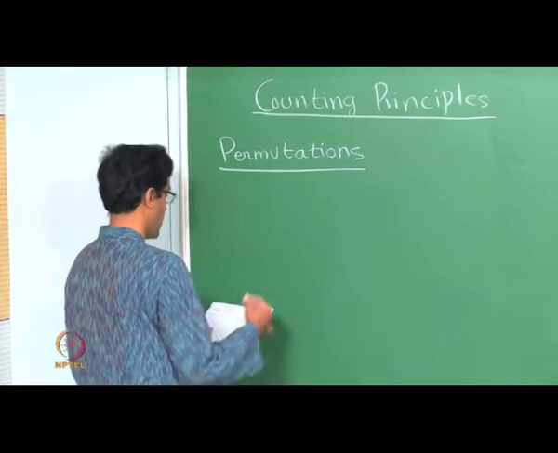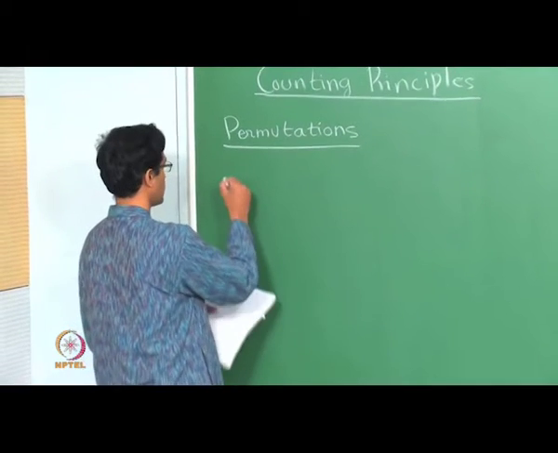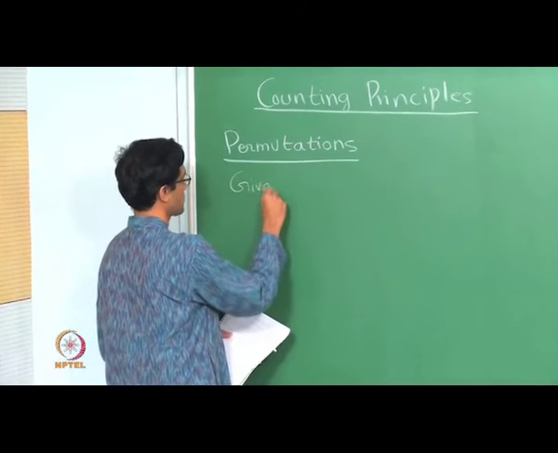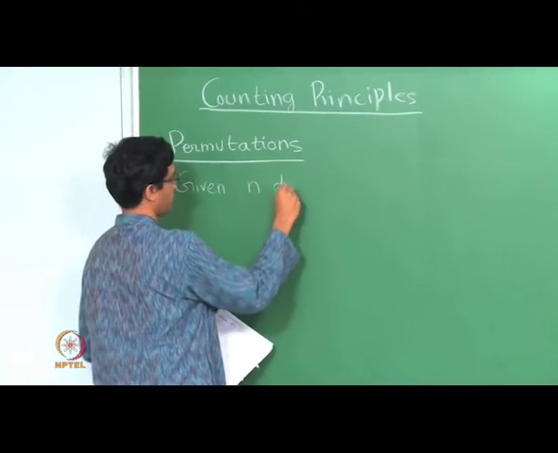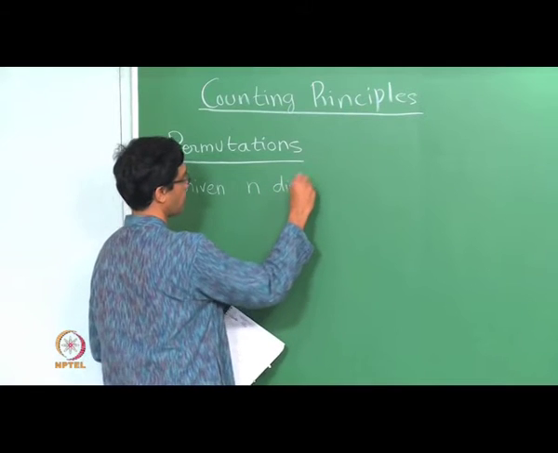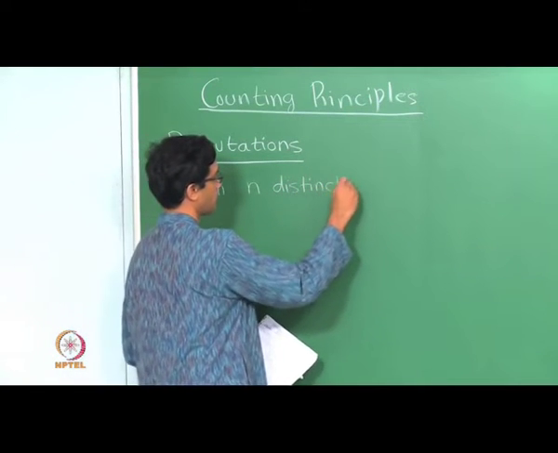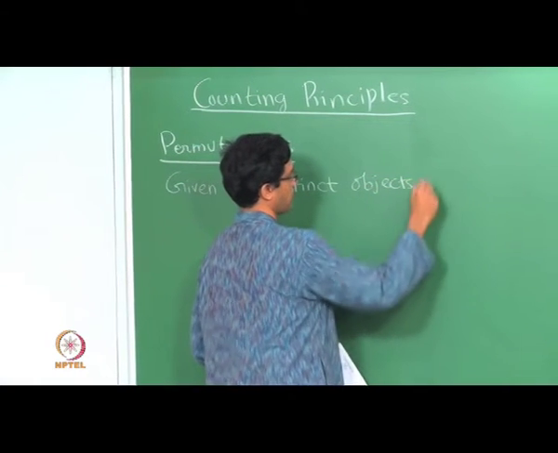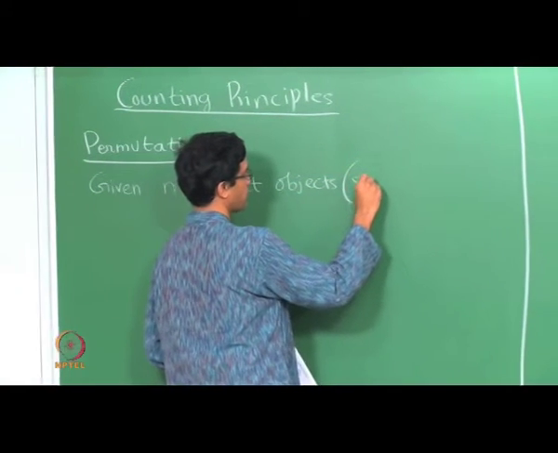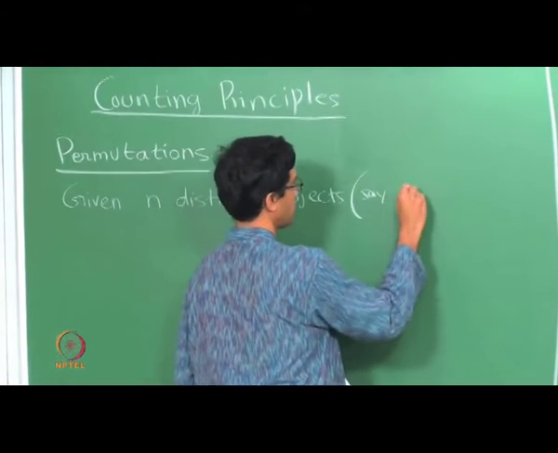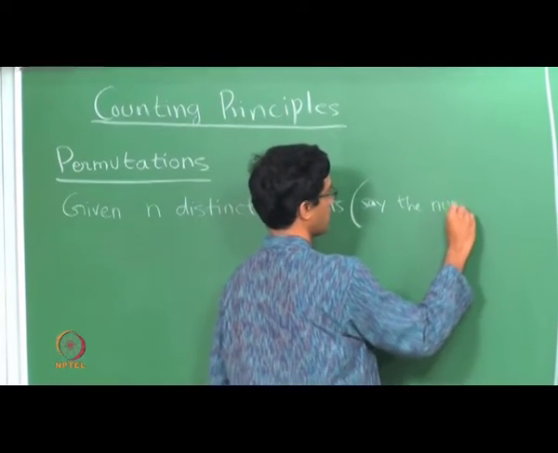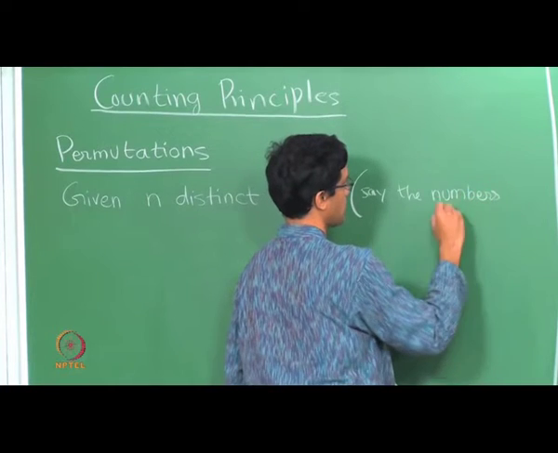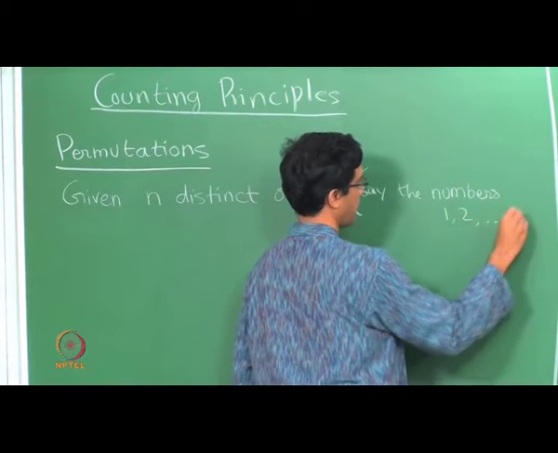So let us write this out formally. Here's a question: given n distinct objects, where n is some number 1, 2, 3 and so on, some natural number, given n distinct objects, and often it is convenient to just think of those n objects as just being the numbers 1 to n, say the numbers 1, 2, 3 till n.